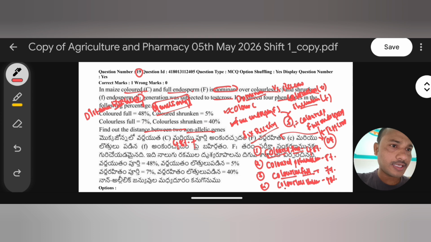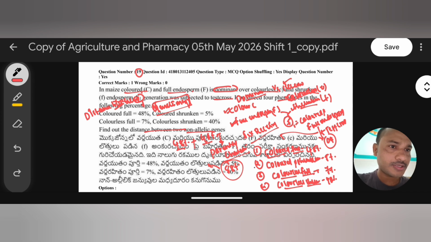And here, colorless and shrunken, these two are recessive characters, 40%. So 48% and 40% are both parental characters, which means 88% of the characters are parental in these 4 progeny.